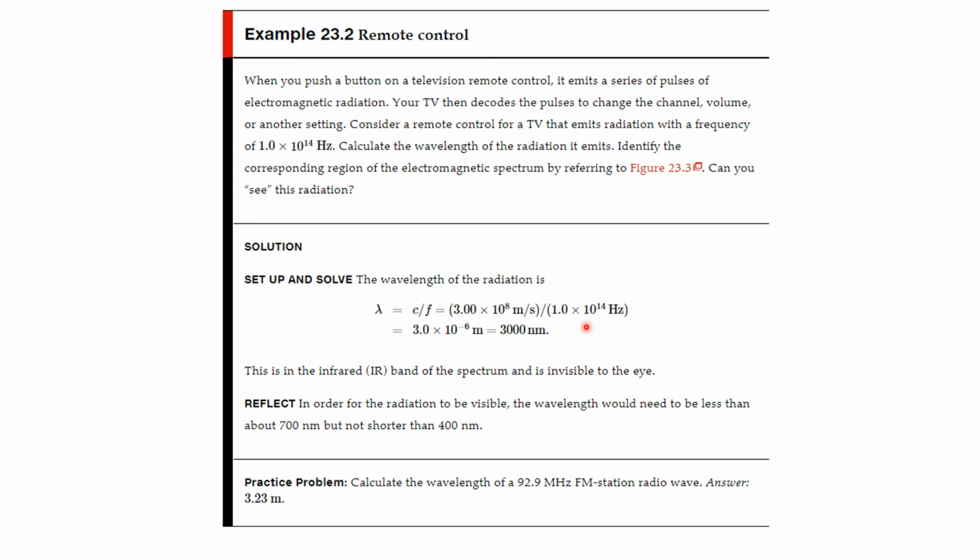So we take this divided by the frequency, and we get that this is 3 times 10 to the minus 6 meters, and if we change that to nanometers, this is 3,000 nanometers. This is in the infrared spectrum, and you cannot see it. And here's another problem if you wanted to practice this kind of calculation.